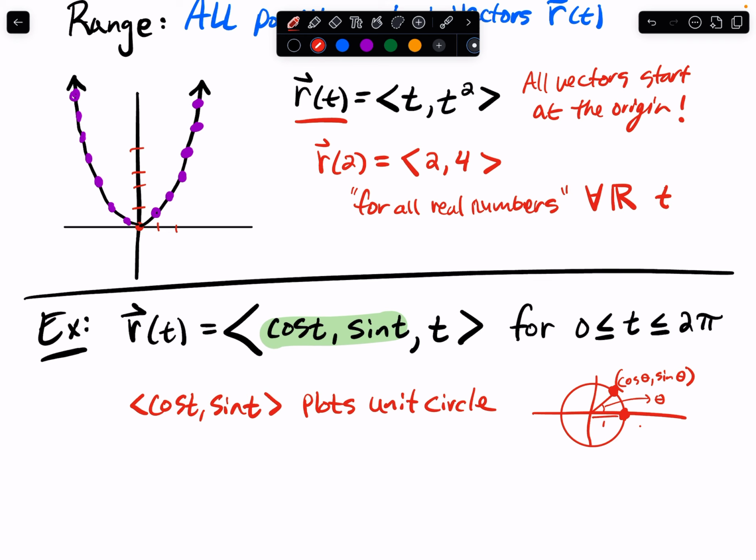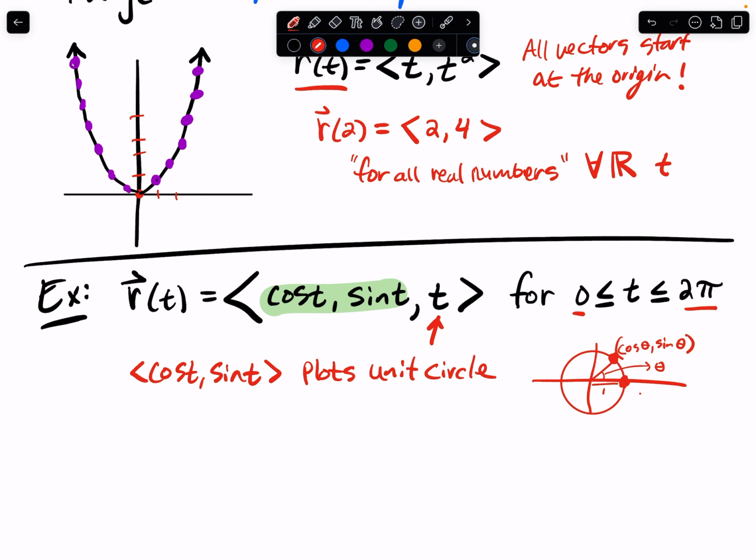All right, now, but this third component here does what? So we're going from a height of 0 in the z direction, up to a height of 2 pi. So instead of it being just on the plane, okay, and just stuck on that circle, what's happening is we're going to be going upwards, okay? We're going to be going up as we traverse around that circle path, okay?